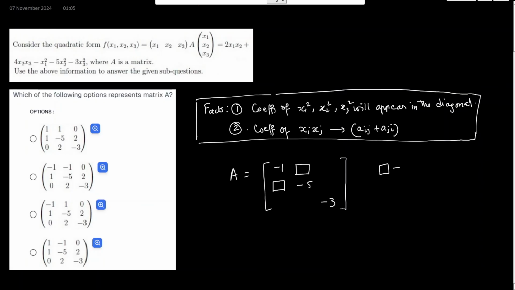And the coefficient of x2 x3 is 4, so the element here and the element here should add up to 4.